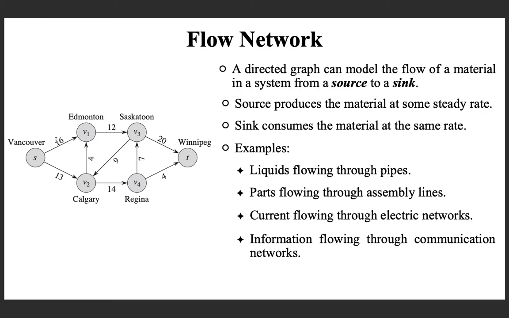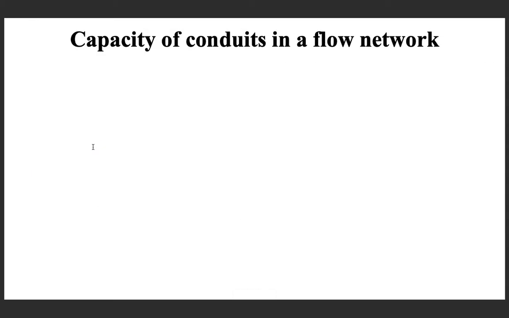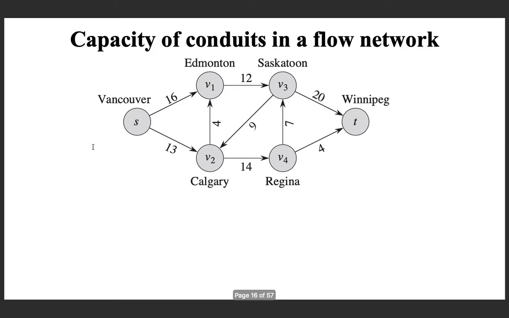So what are these routes or graphs, etc.? Vertices are conduit junctions. Conduit is a road or that connection, pipe or whatever it is for that matter, and vertices are conduit junctions. Now see what is the capacity of the routes or edges or conduits. Look at this example.